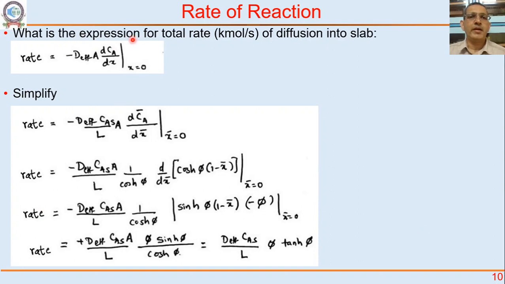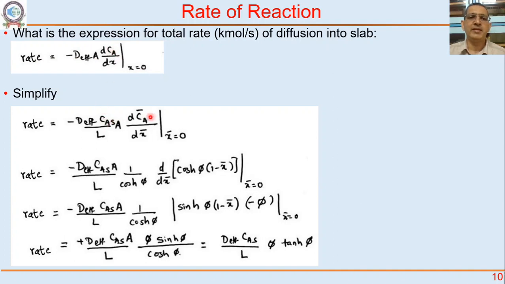So now what is the rate expression for the total rate, in kilomoles per second, for diffusion into the slab? I'm not writing RA, I'm writing the total rate, kilomoles per second. When we say RA, it is per unit volume. So the rate is minus D effective A dCA by dx at x equal to 0. Again, make it dimensionless.